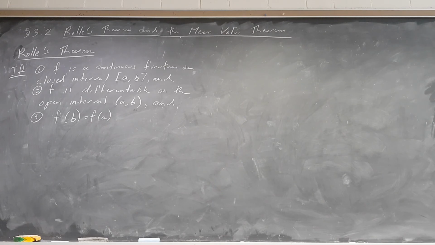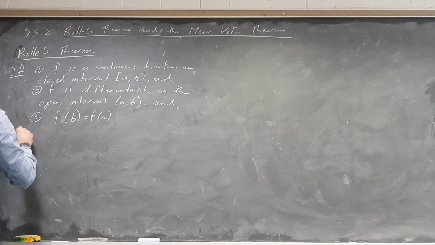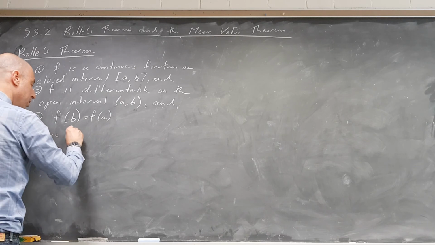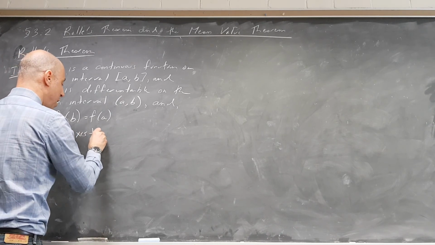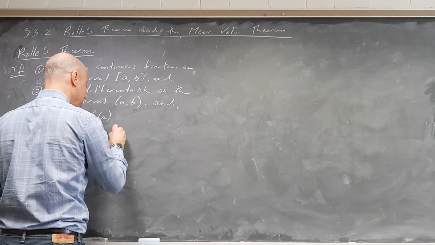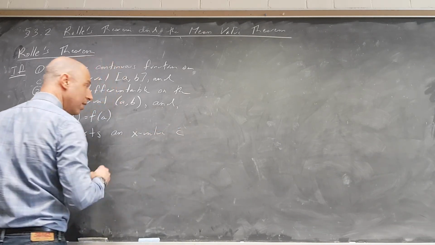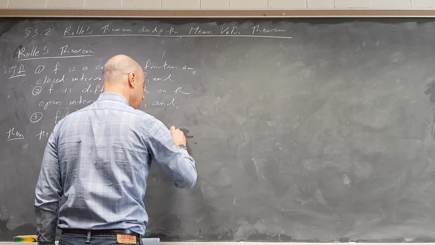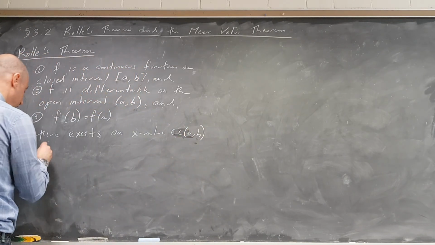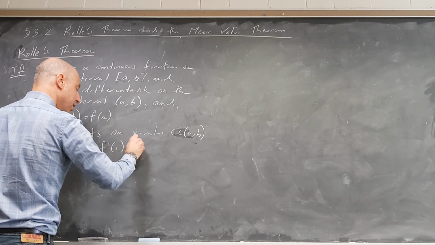If those three conditions are true, then there exists, and you can use that backwards E symbol that I gave you at the beginning of the year, there exists an x value c somewhere between a and b, such that f prime of c equals 0.